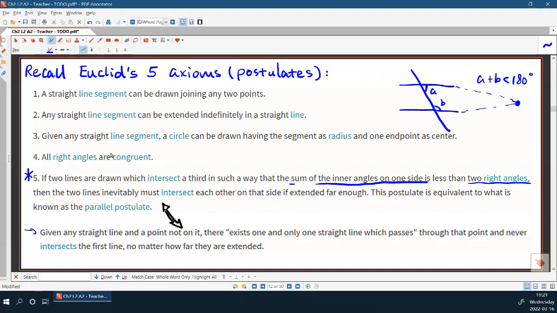This is what Euclid's fifth axiom states. Do you understand? If the sum of the inner angles on one side is less than two right angles, then the two lines must intersect on this side.